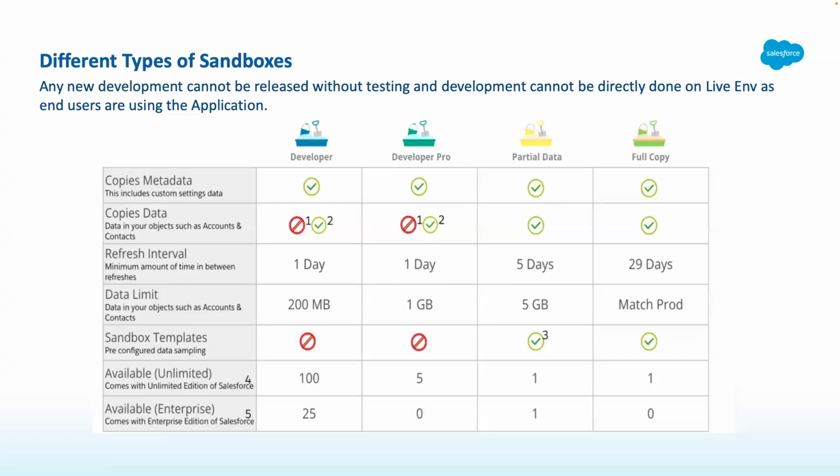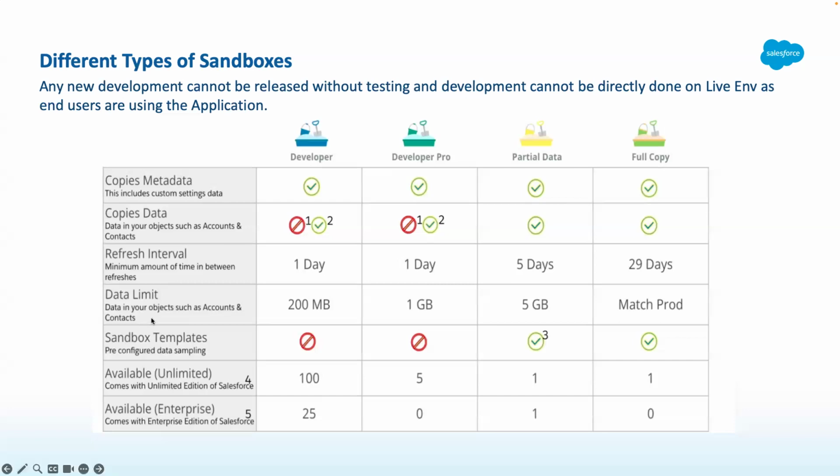They are gone. So before you actually refresh, you need to have a backup done of data and metadata, and then you do the refresh. And since it is very data heavy, it takes 29 days before I do the next refresh. So by the time, your sandbox and production will not have the changes.